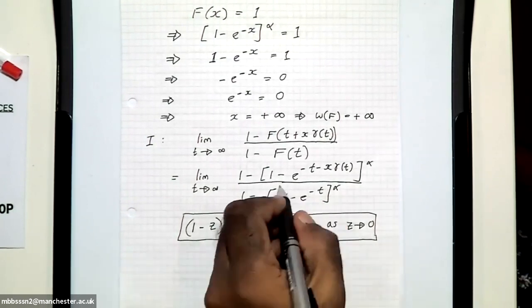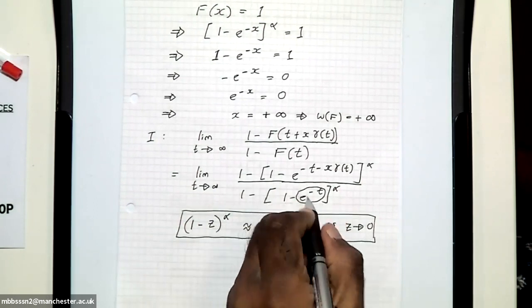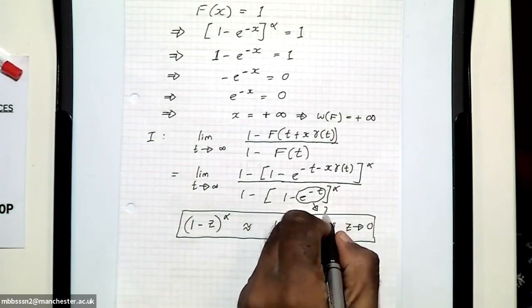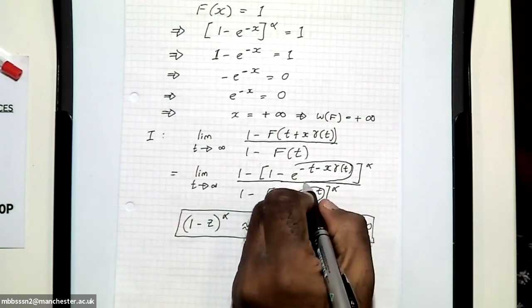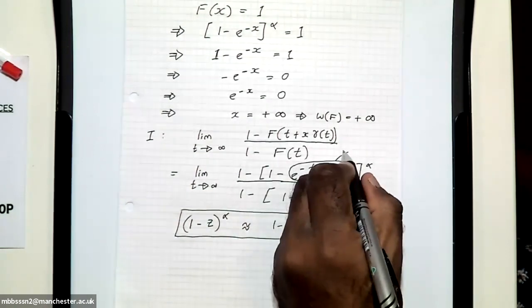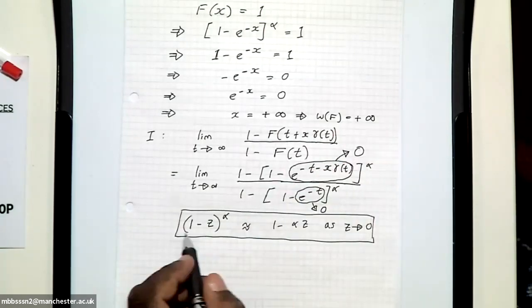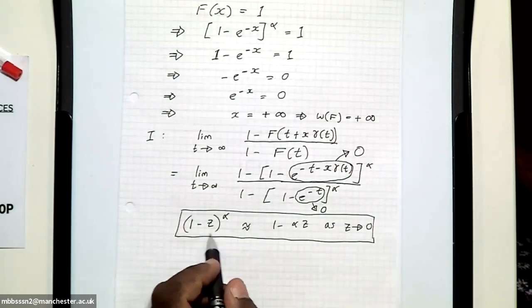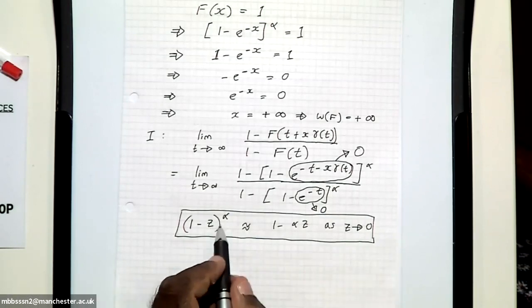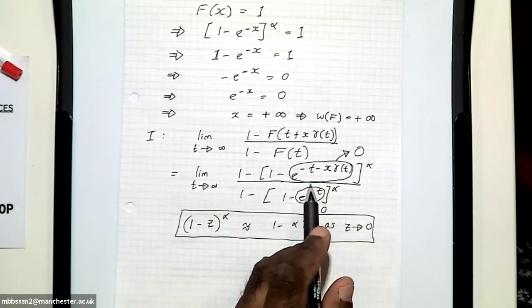Now, as you can see, as t goes to infinity, this goes to 0, and so does this one. This also goes to 0 as t goes to infinity. So we can use this result here. You follow what I'm saying? Because in order to use this result, you need to make sure that this term z approaches 0, which is the case here.